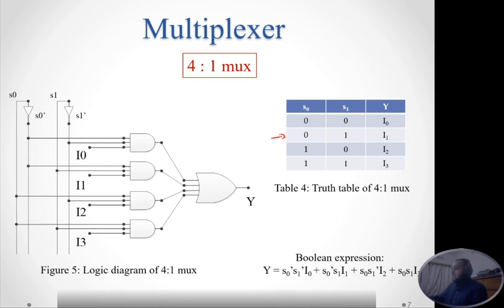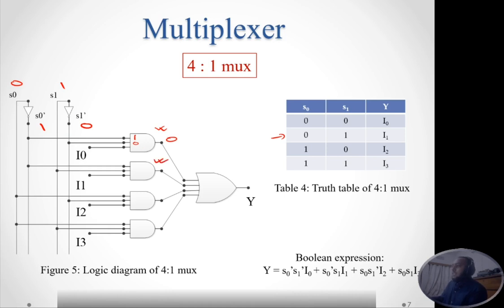Now let's check the logic diagram of 4:1 mux. Let's check this pattern. Here our S0 is 0, so our S0 prime is 1. Our S1 is 1, so our S1 prime is 0. So for the first AND gate, we get two inputs as 1 and 0, so our output will always be 0.